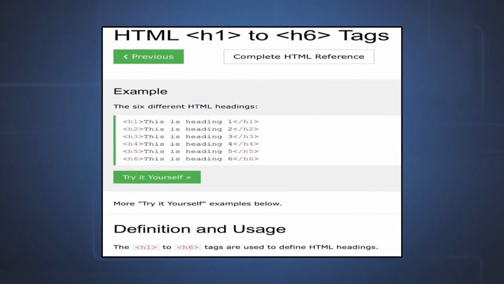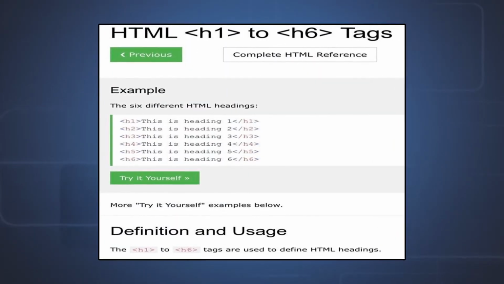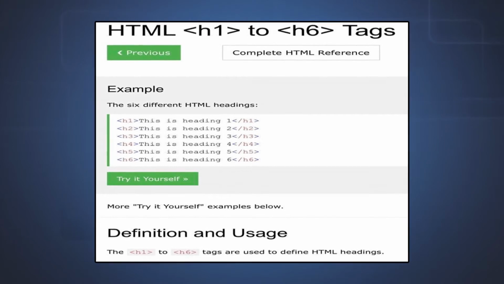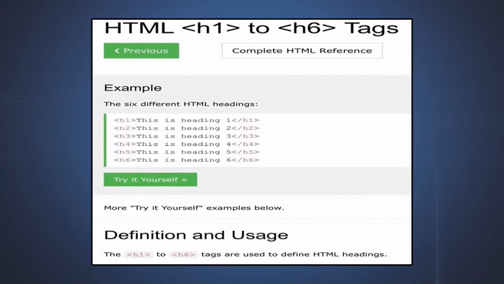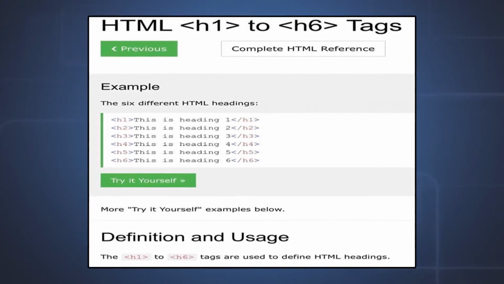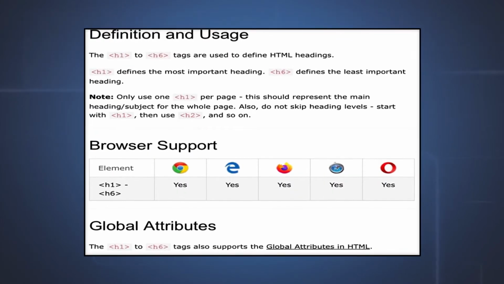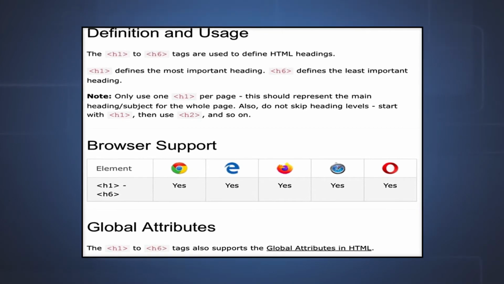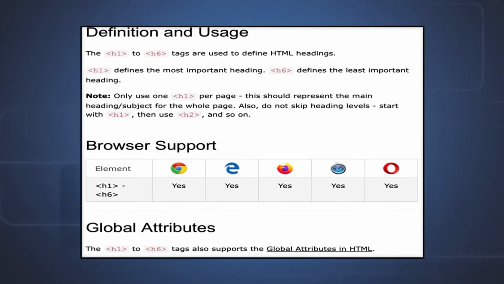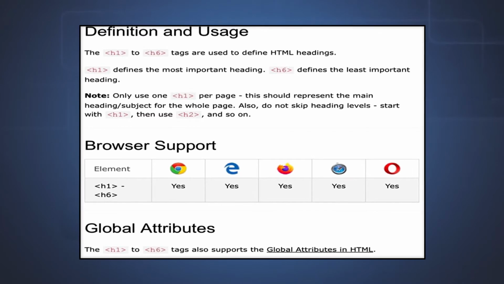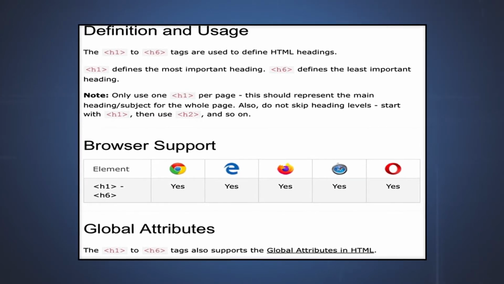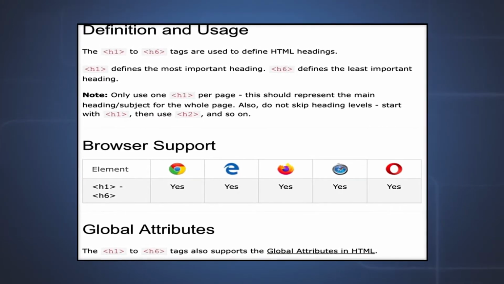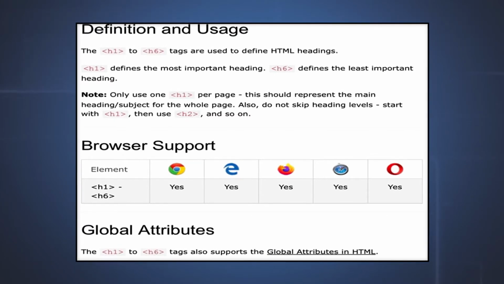We have already discussed about headers. There are 6 header tags: H1, H2, H3, H4, H5 and H6. They can be used for putting headings in the HTML page. So these tags, that is H1 to H6 tags, they are used to define HTML headings. H1 defines the most important heading, H6 defines the least important heading. We have to use only one heading tag per page.